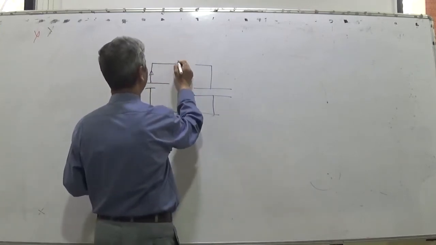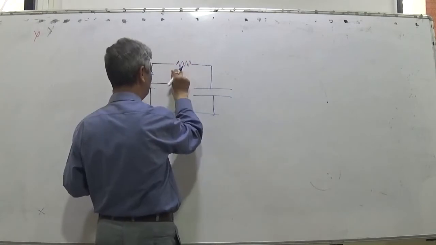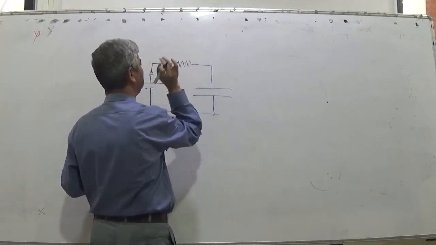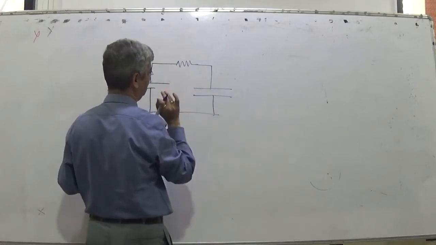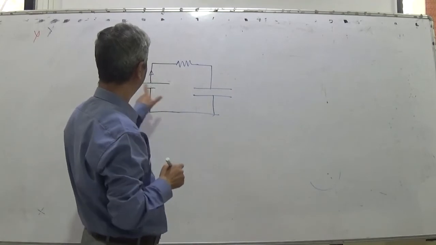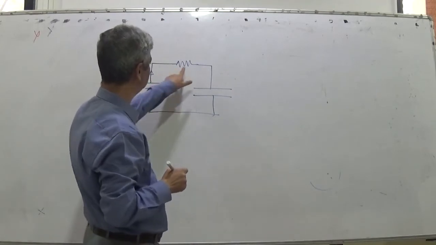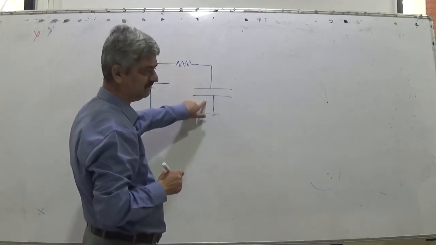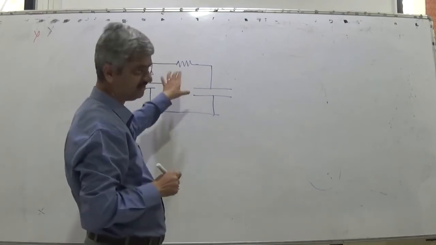So normally I say that some resistance I put, even if I don't put it, a negligible resistance of wires and all that is there. So in that case, what will happen now? Voltage, small resistance and capacitance. Current will flow, capacitor will charge.